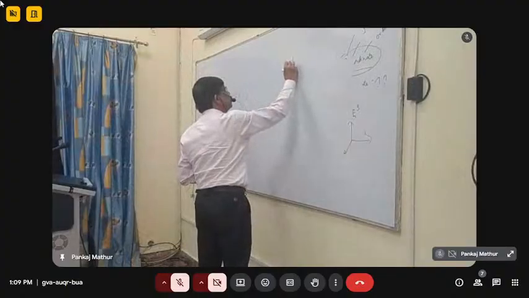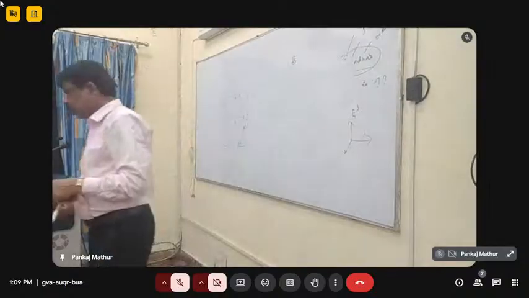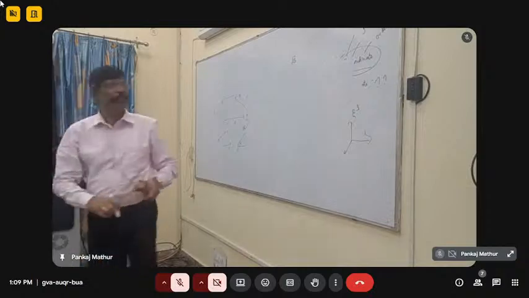Then what is the coordinate of a vector? Suppose AB is a vector. Then the coordinates of a vector are its projections on the coordinate axes, that is x-axis, y-axis, and z-axis.